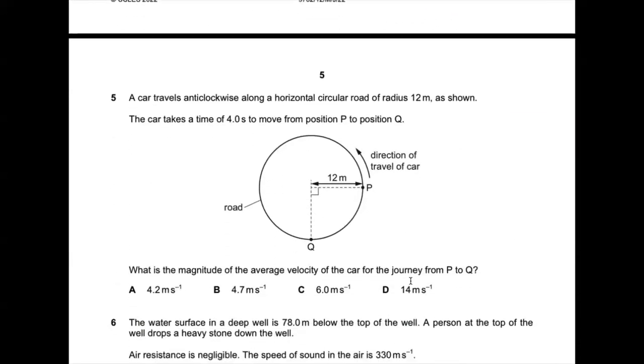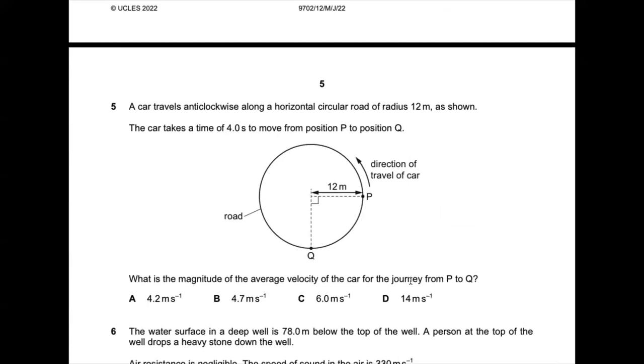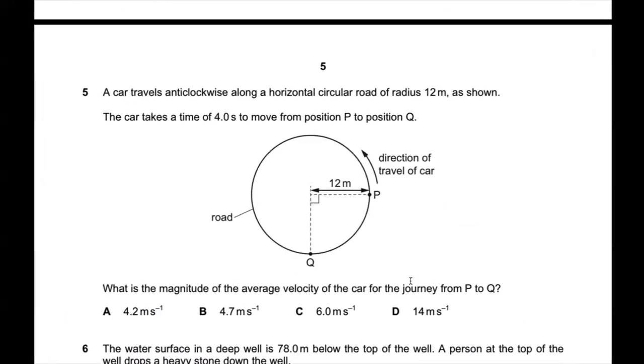Let's have a look at 5. A car travels anti-clockwise along a horizontal circular road of radius 12 meters as shown. The car takes a time of 4 seconds to move from position P to Q. What is the magnitude of the velocity of the car from the journey P to Q? It's going from P to Q in this direction.